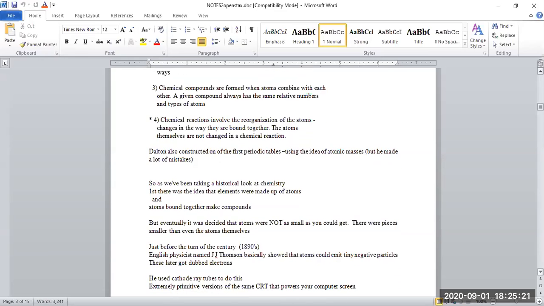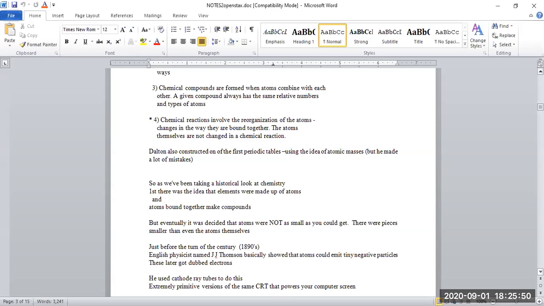Quick question. A textbook is saying that Dmitri Mendeleev is credited with the periodic table. He's not the first one, though. He's the one who got it closer to right. Dalton started it, and it didn't really even look like the periodic table that we have now. Okay, it was organized differently.